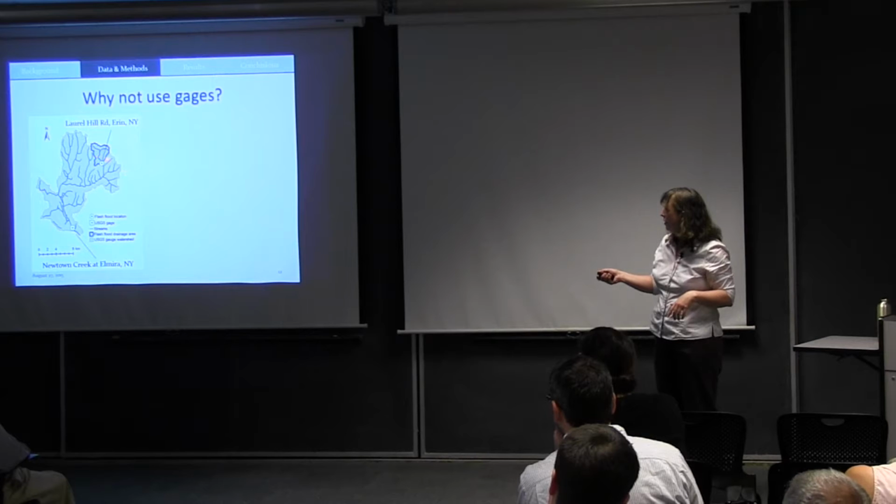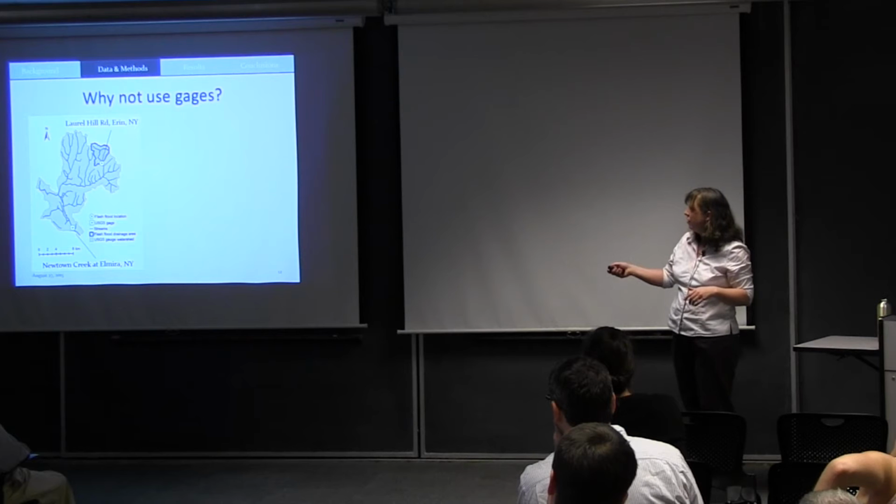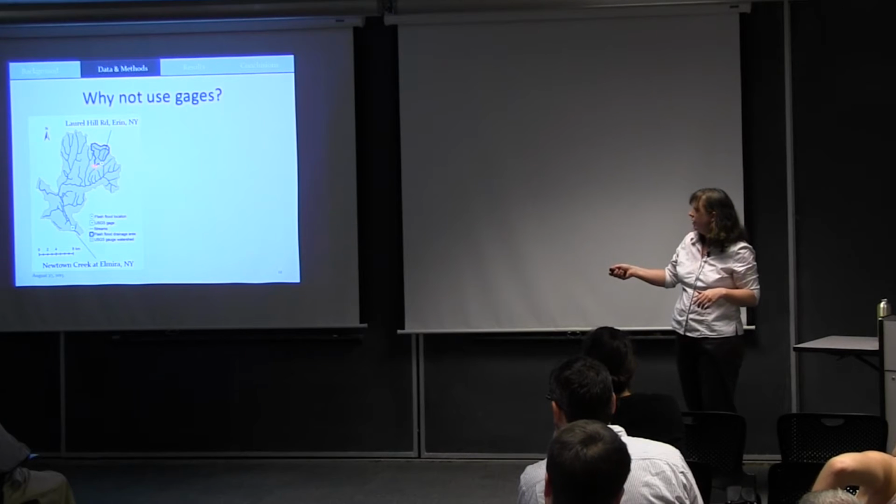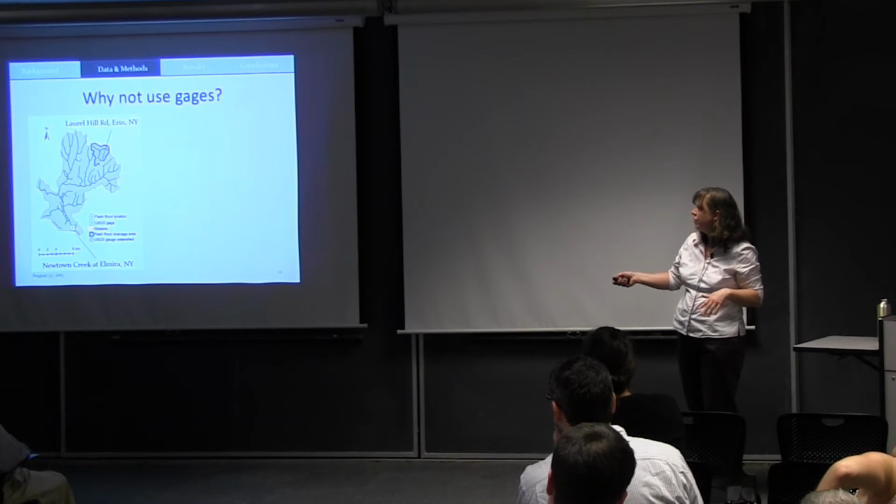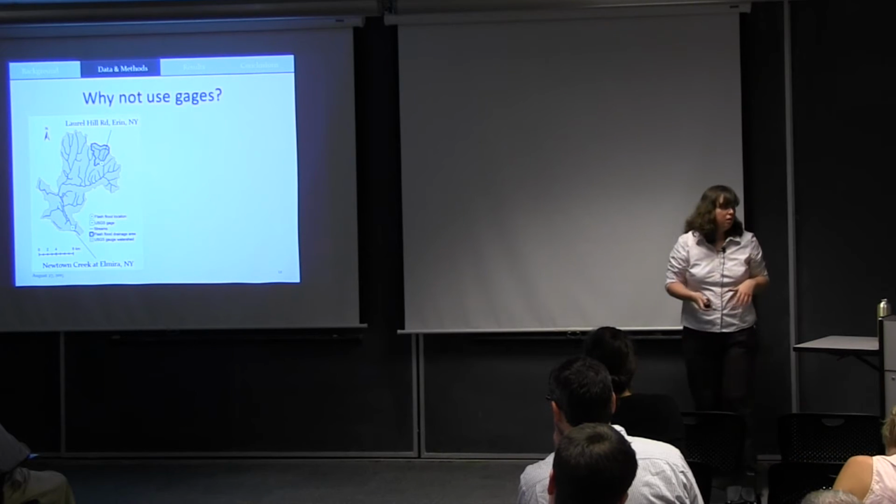So we know that there was a street here that was flooded, and this is the contributing area to that street flood. The nearest gauge is here. So any flooding that might have happened may or may not actually show up in the hydrograph here at the gauge.